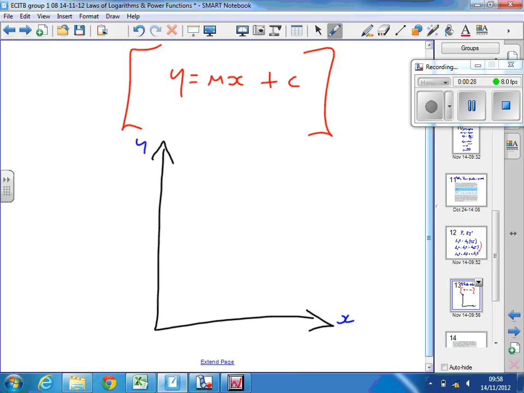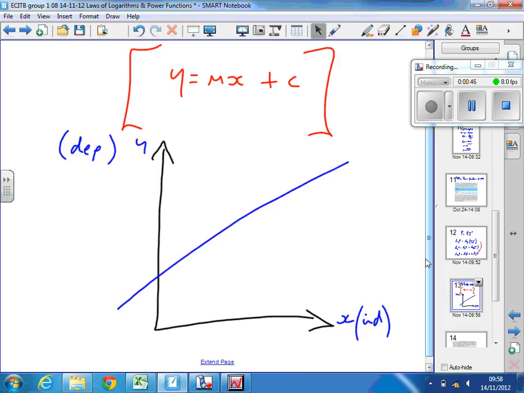So we call these the independent and dependent variables, but that's a little aside. Those are the two variables, in other words, x and y. If we plot them and we get a straight line, then that means it's a linear function relating y and x, and so there's no power involved. y is proportional to x. y equals mx plus some sort of constant c.